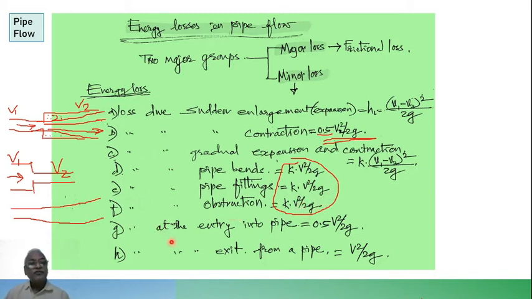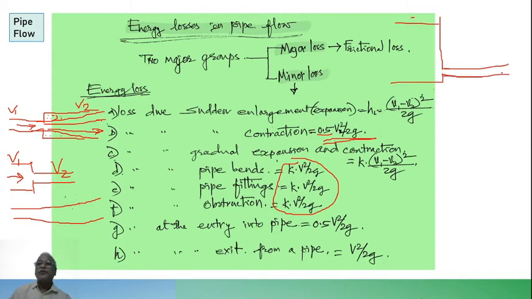Now loss due to entry is called entry loss. So this is 0.5 V squared by 2g. Suppose there is a tank with standing liquid, and the water is entering into a pipe. In the tank there is no velocity.